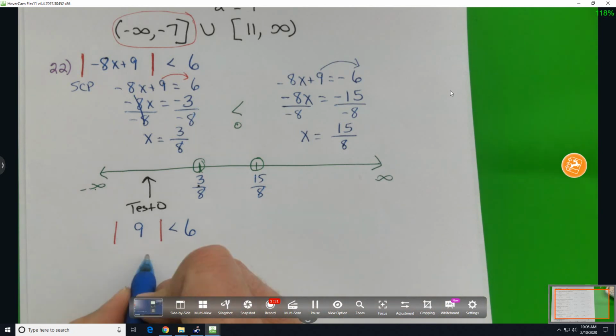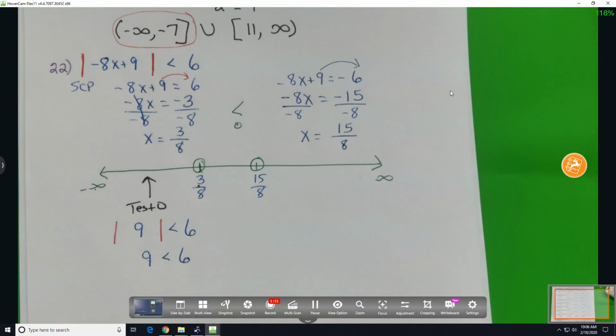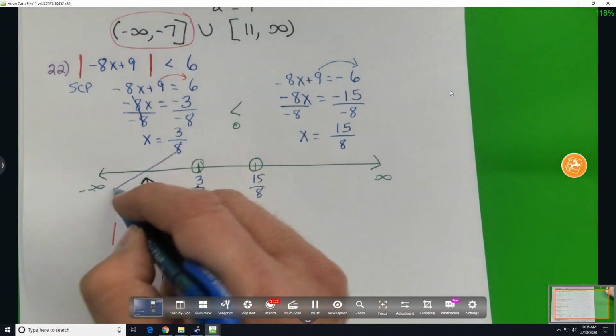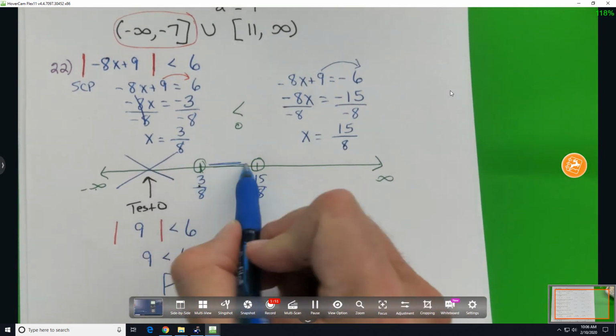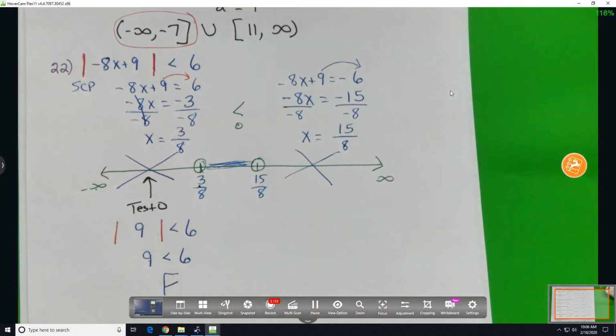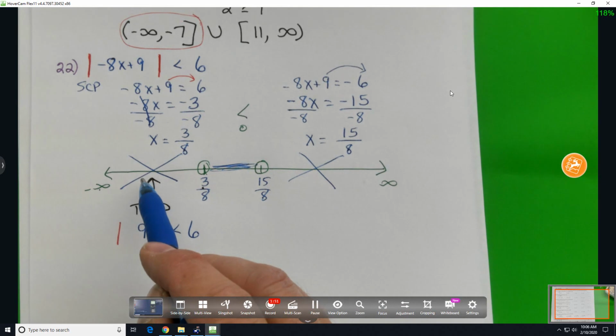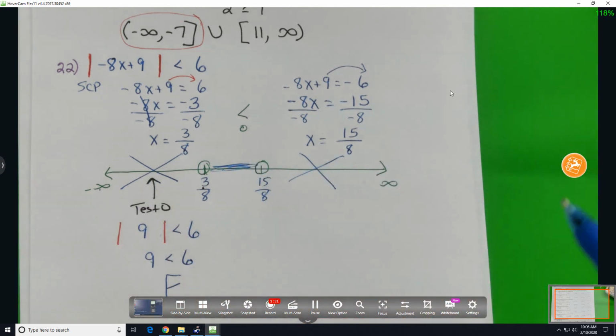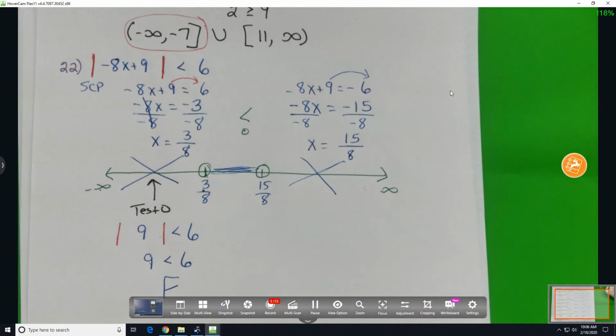The absolute value of 9 is 9. 9 less than 6, what am I going to label that? True or false? False. See, is it clear why I say it's important which interval you're testing? Because that's the one you start with. Okay, false. Then the other one, true, false, and so forth.